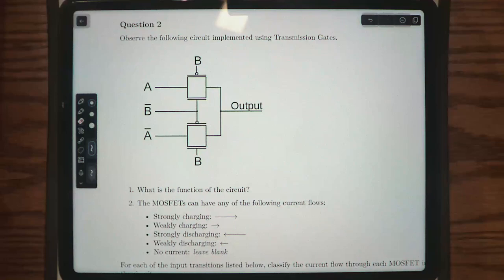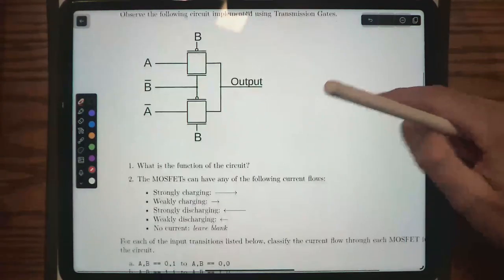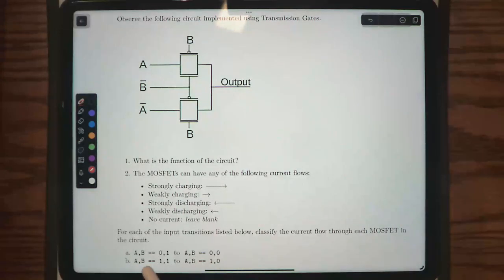Starting out, the first thing that I would do, let's look at these two transitions. Remember that CMOS only draws power when it switches. So first, let's find the steady state of this right here, and walk through this first transition.